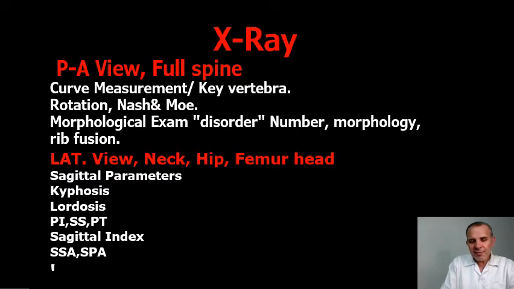On the lateral view, as we mentioned before, we have to tell the radiologist that we need it starting from the neck. When I say neck, I'm talking about the spinal cord, the vertebral column, the cervical vertebra, including the hip, and the most critical thing is the femur head, because the femur head is very important for the sagittal parameters that we like: the pelvic incidence, sacral slope, and pelvic tilt.